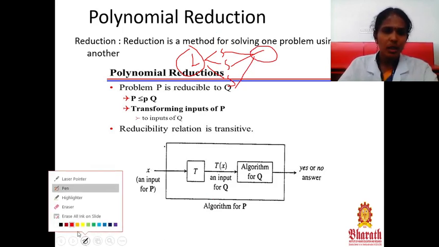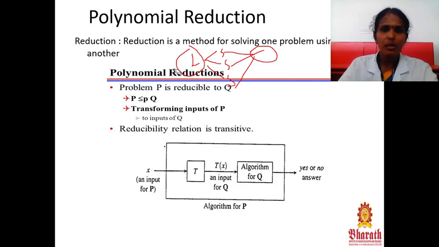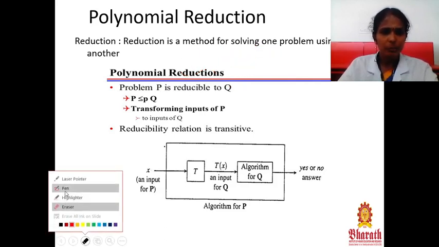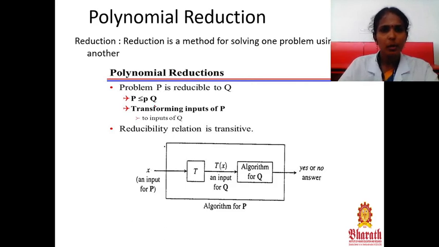So can we make NP problems easier to solve by using reduction? If P is reducible to Q, the polynomial time for P should be less than or equal to the polynomial time of Q, because the entire polynomial time should be less than or equal to the polynomial time of each small problem.